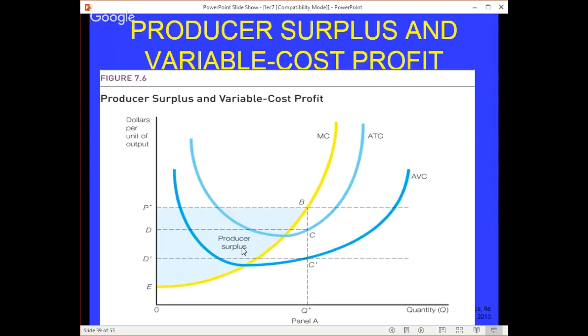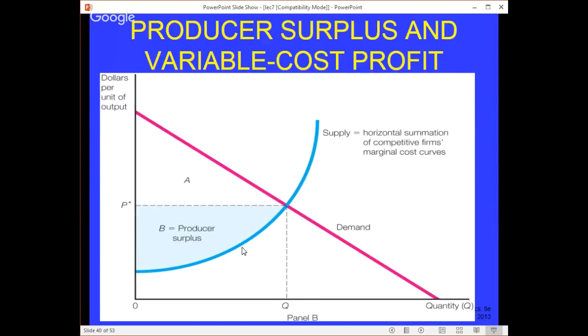Just so I don't confuse anybody, let me try to draw it again. Okay. So this triangle here, that's producer surplus. There we go.